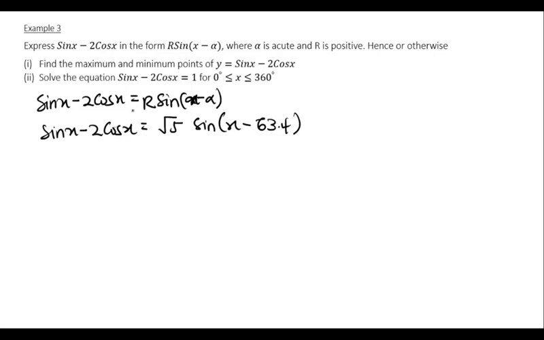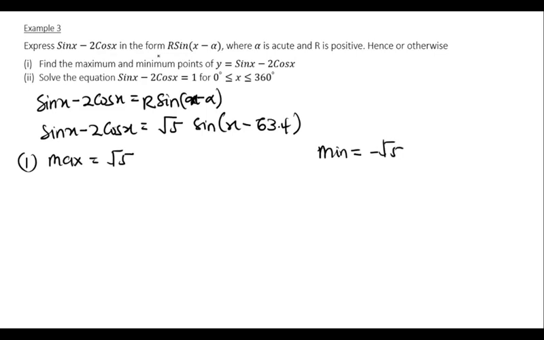All right, so from here we can see the maximum value. The maximum value over here is root 5, and then the minimum value is negative root 5.